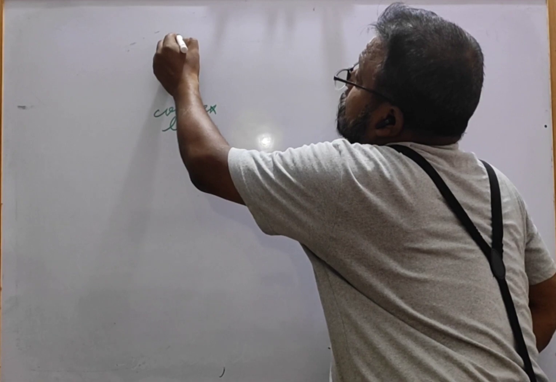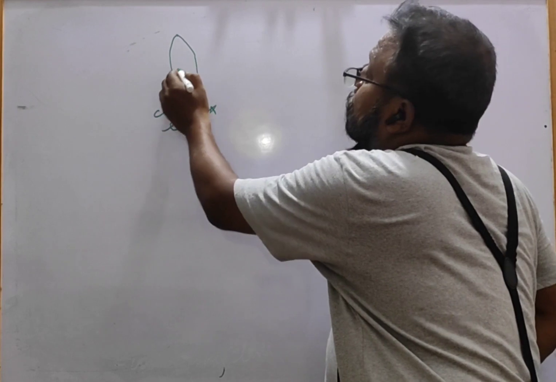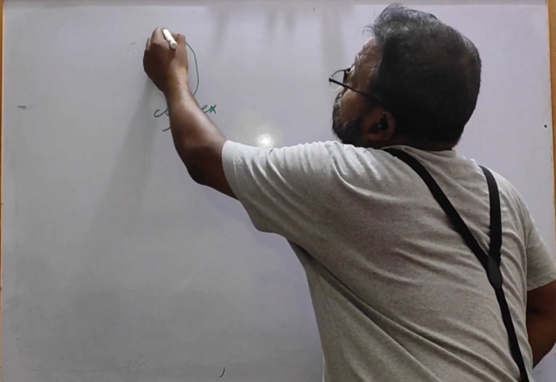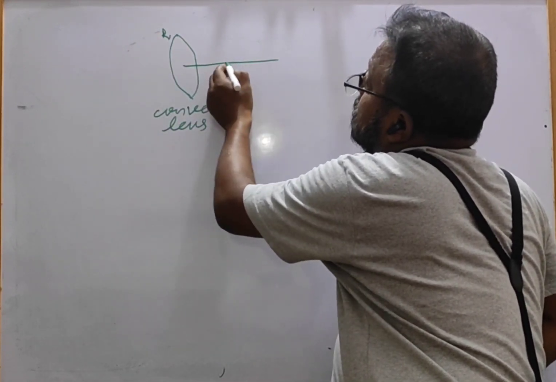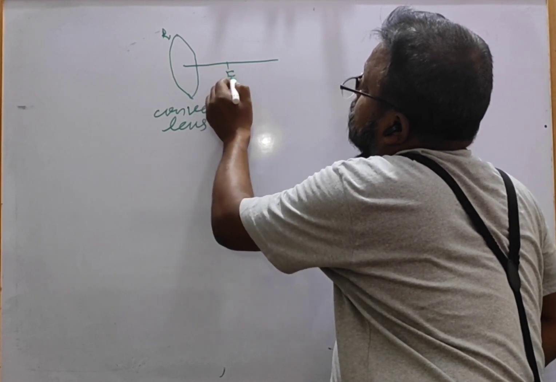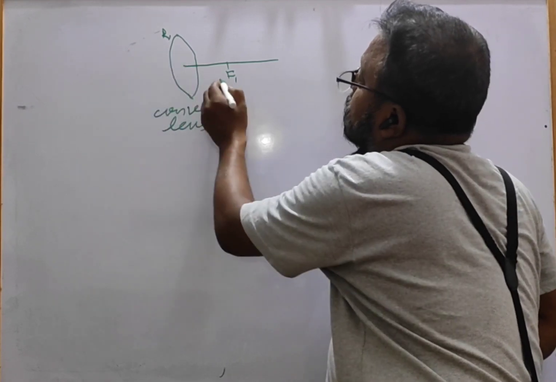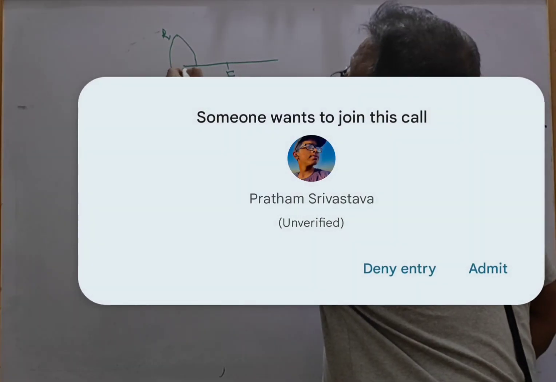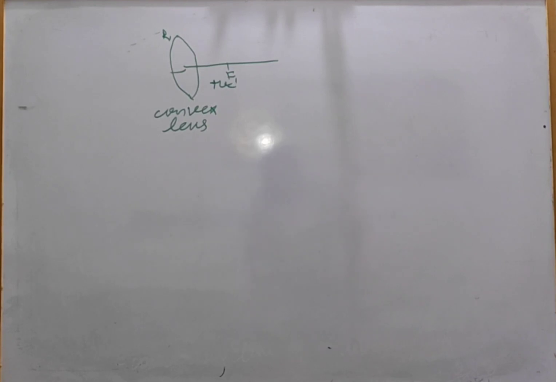So what I told, its focal length is positive, right? This is the refracting surface 1. So focal length is on this side. This is F1, right? And here I told you focal length is positive, right?